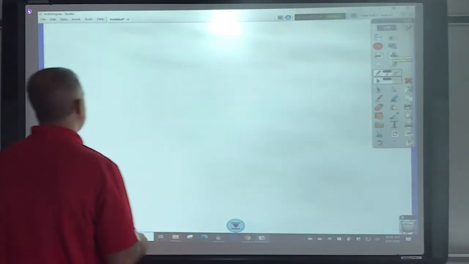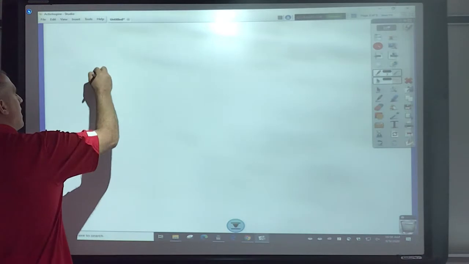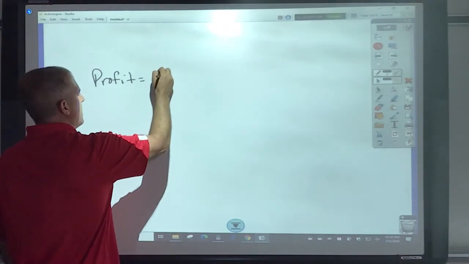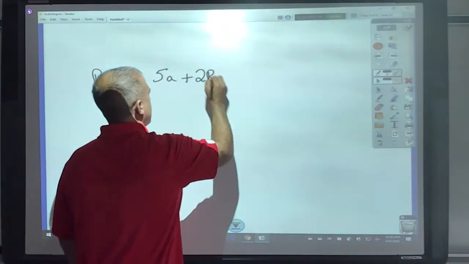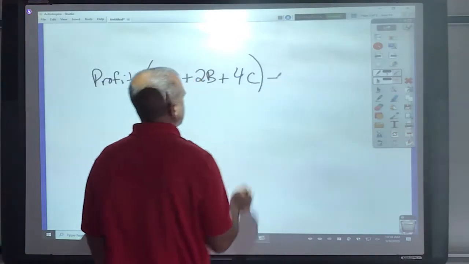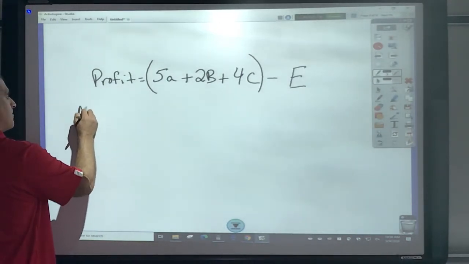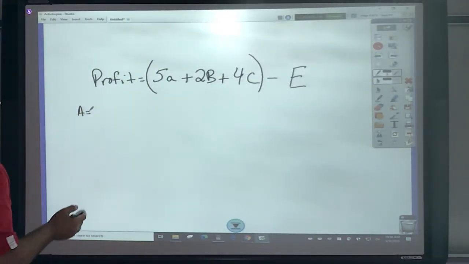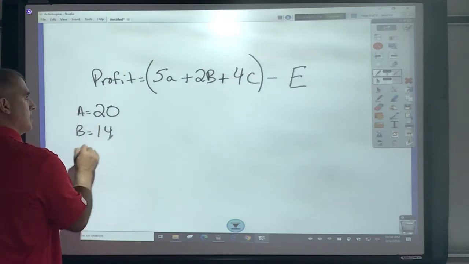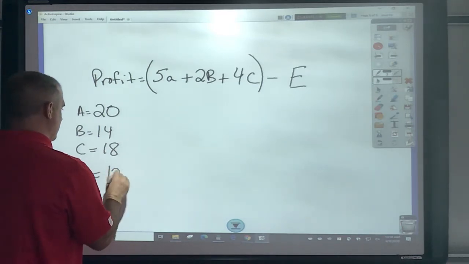Let's say that profit is equal to 5A plus 2B plus 4C, all subtracted by E. And let's say A represents 20, B represents 14, C represents 18, E represents 121.